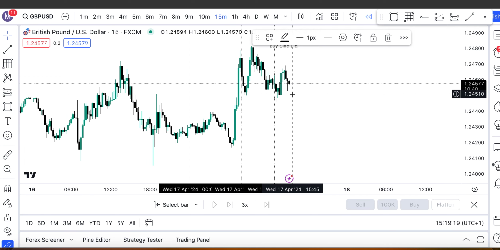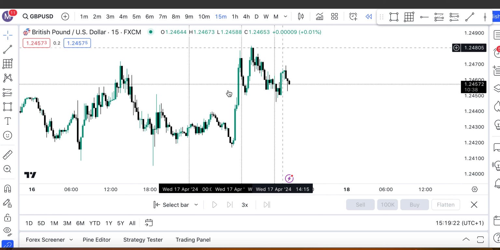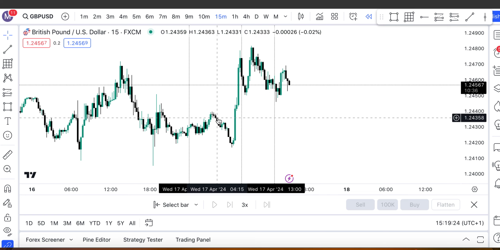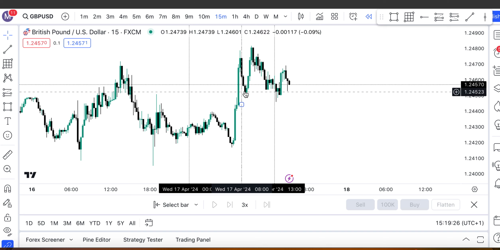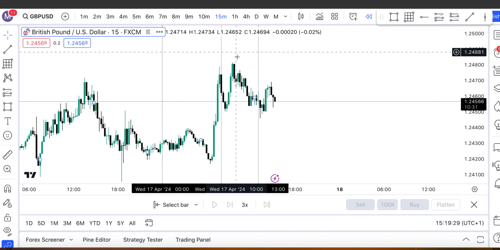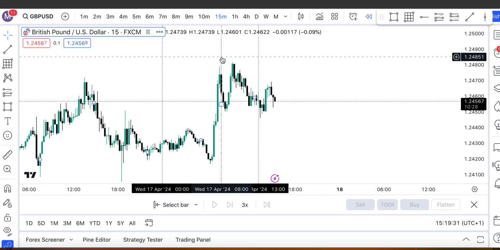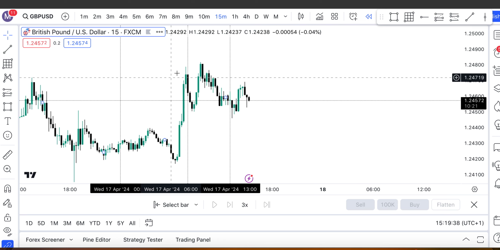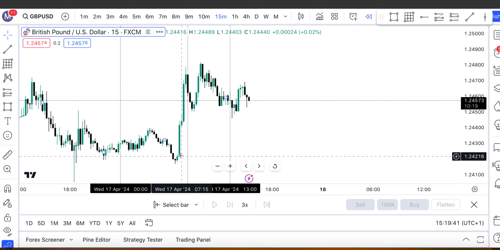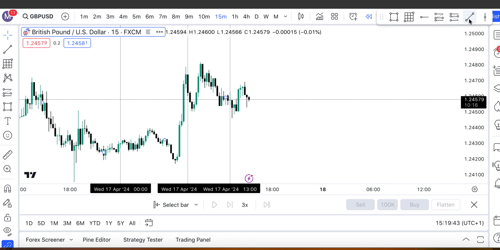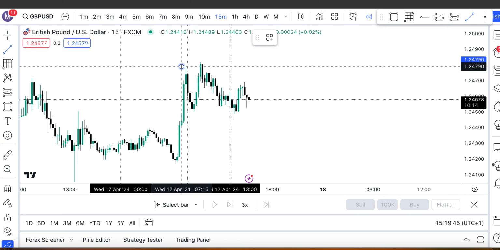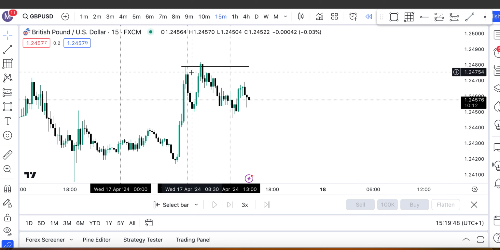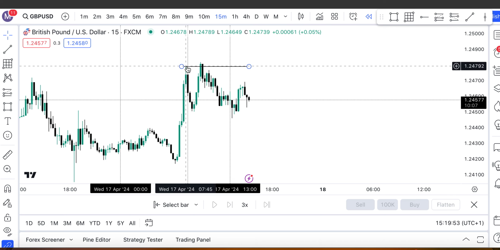Asia session in here, okay? So think about what the banks in London want to do when they open up. They want to take out all of the traders that were in Asia session. And how do they do that? By taking their stop losses, by taking either the high or low. Here, they took the high. The market movers in London took out Asia's traders by taking out the high and wiping out stop losses for sellers.